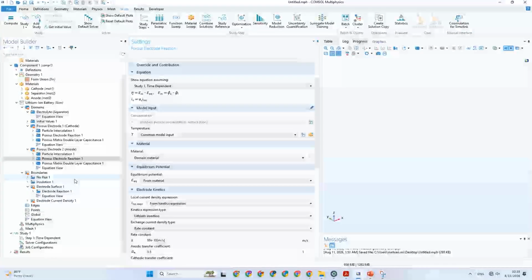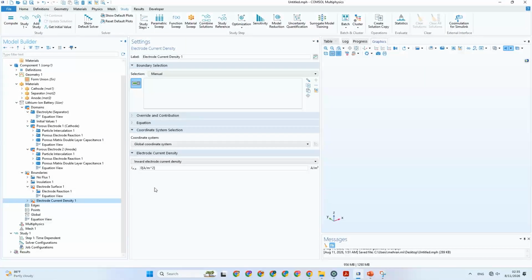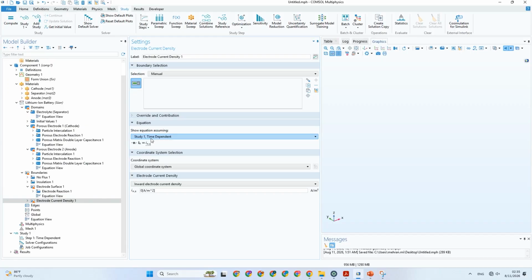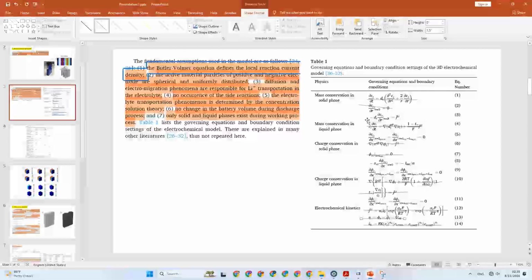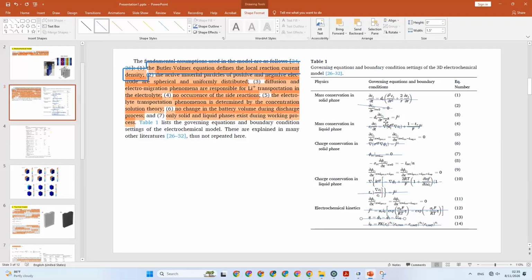We bring the current density, that is n dot is equal to ins. ins is equal to rho cs rho r.